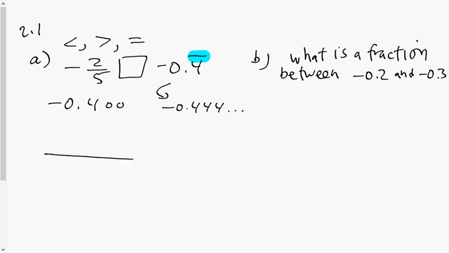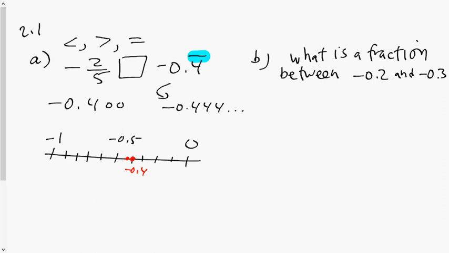Let's draw the number line: 0, negative 0.1, negative 0.2, negative 0.3, negative 0.4, negative 0.5, negative 0.6, negative 0.7, negative 0.8, negative 0.9, negative 1. Negative 0.4 even is going to be right here, right? And negative 0.4 repeating is going to be maybe right there.